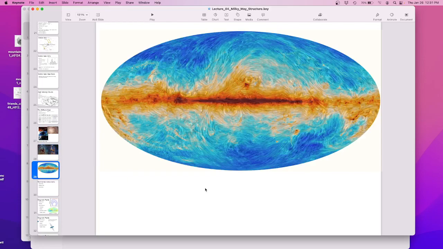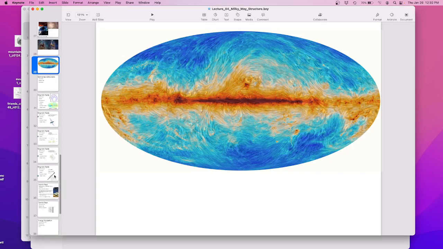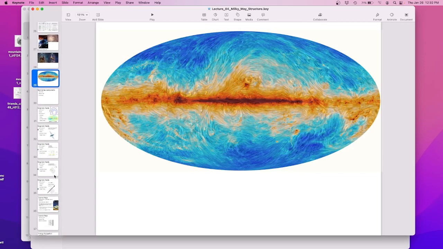This is what the magnetic fields look like in the Milky Way. This is a measurement from dust polarization. I've got about 15 minutes left.